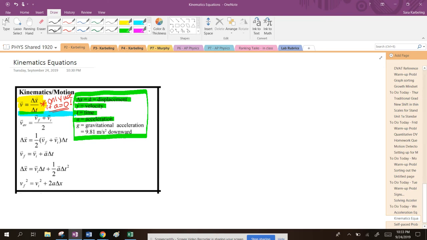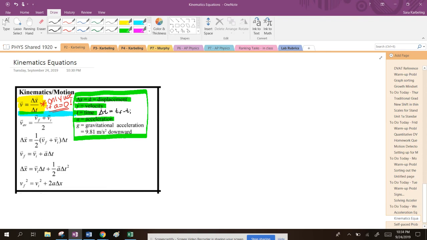And there are two other little things that are a little bit technical that I want to be clear on. One is that you'll notice that in these equations, it says delta t for time. The reason I typed it out that way is because that's how it's written in your book. But remember, delta just means change in. So you can think about that as the final time minus the initial time, as if you were looking at a watch.